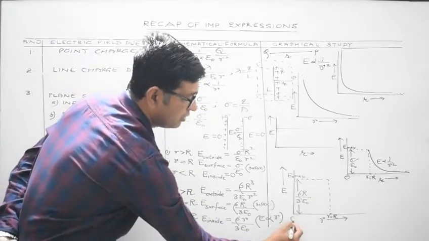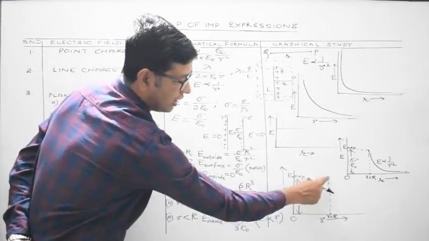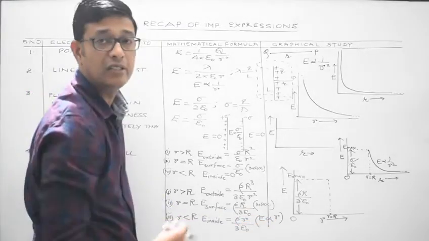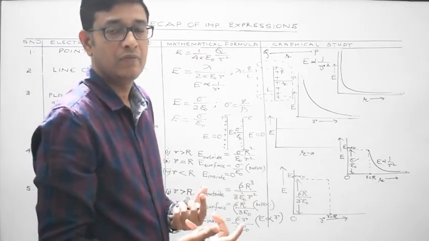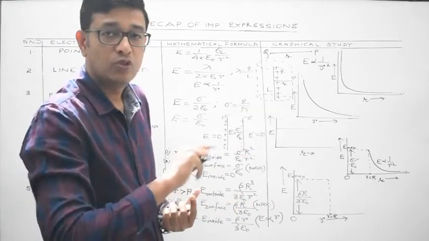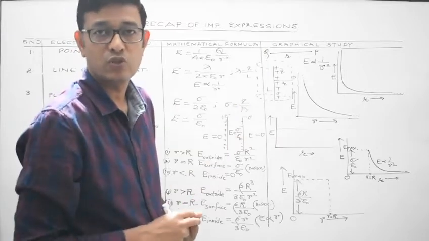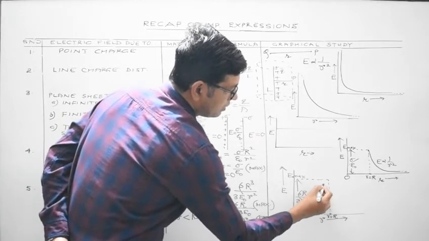This is the center. Look, inside the solid charged sphere, electric field varies directly as r. So they are linearly dependent. Whenever two physical quantities are linearly dependent, then the graph between them would be a straight line, equally inclined. It would be in the form of y equals mx. So it will represent a straight line like this.